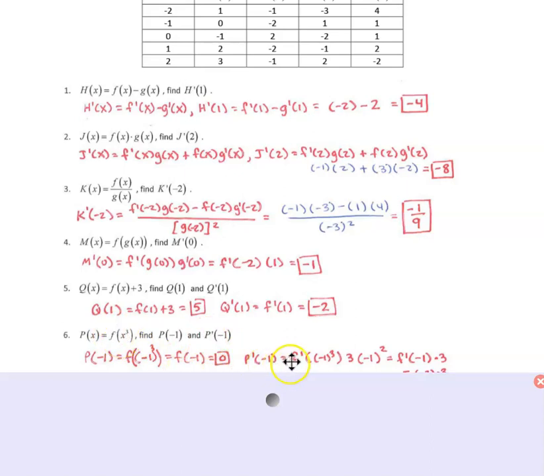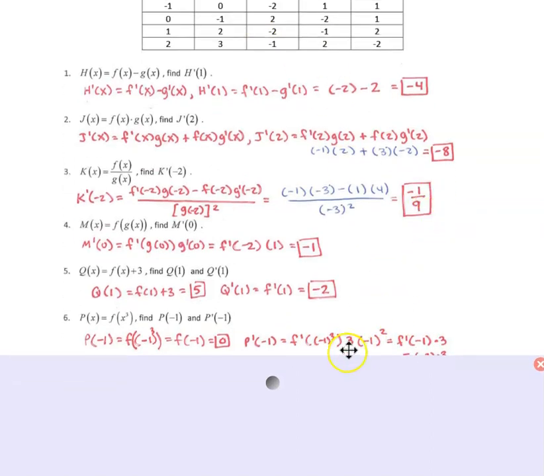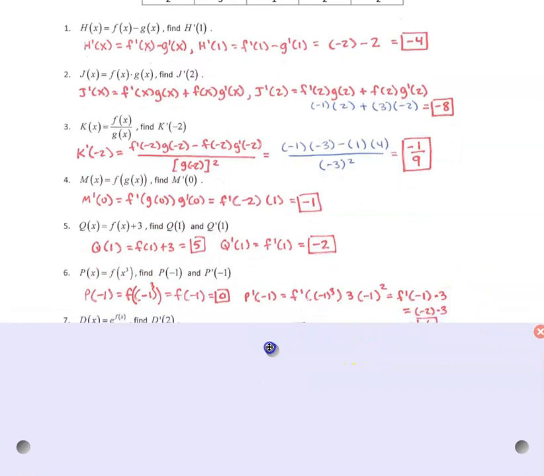So p prime of negative 1 equals f prime of x cubed, which is negative 1 cubed, times the derivative of x cubed, which is 3x squared, where the x value is negative 1. So f prime of negative 1 from the table is negative 2. So that gives us negative 2 times 3 times 1. So our answer is negative 6.